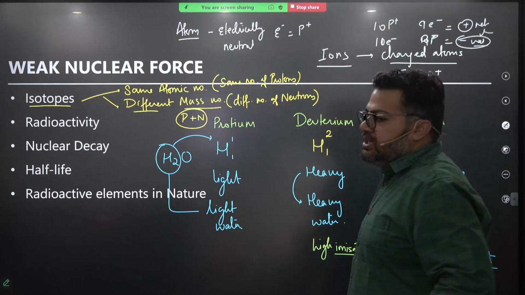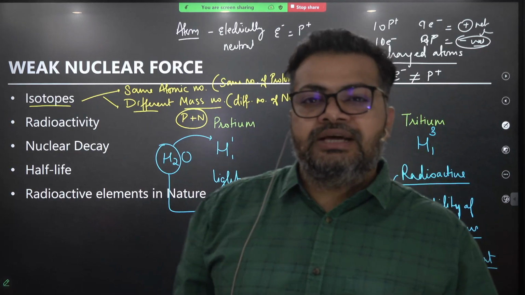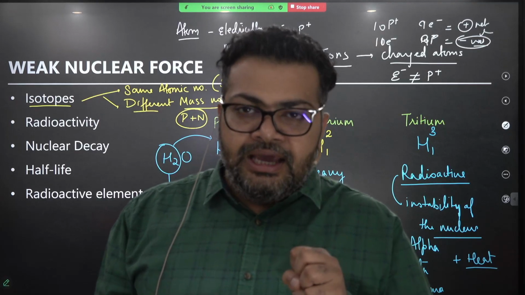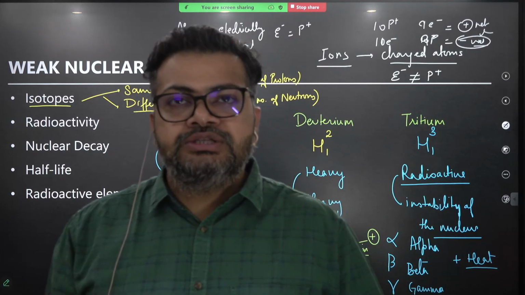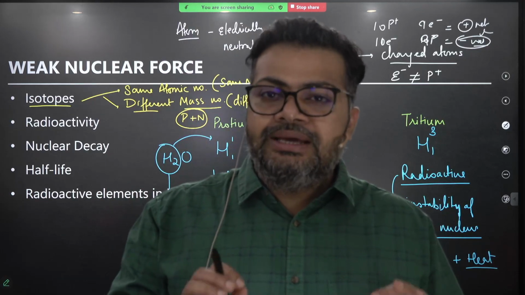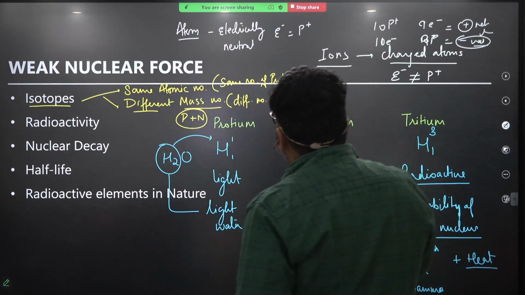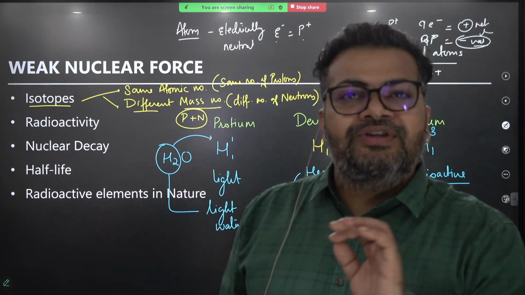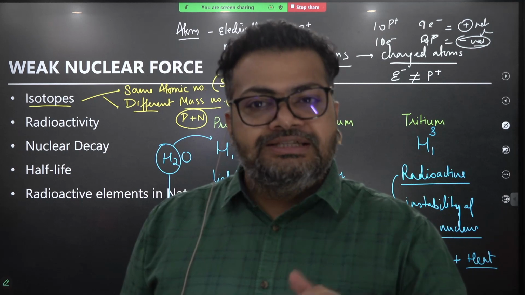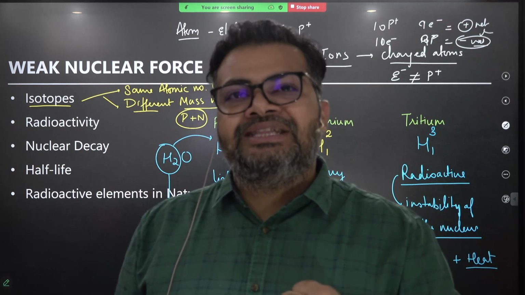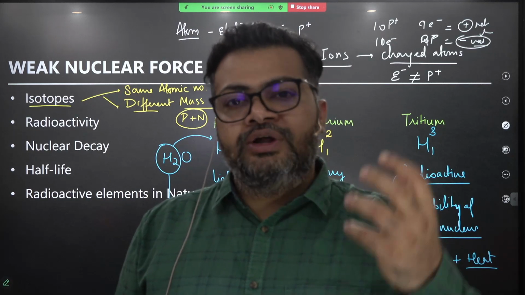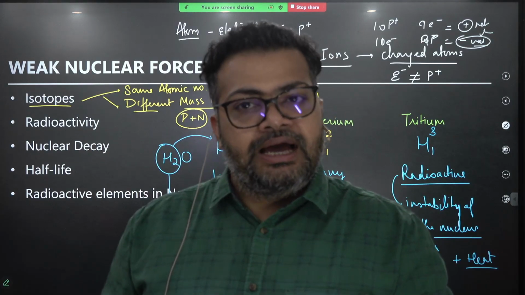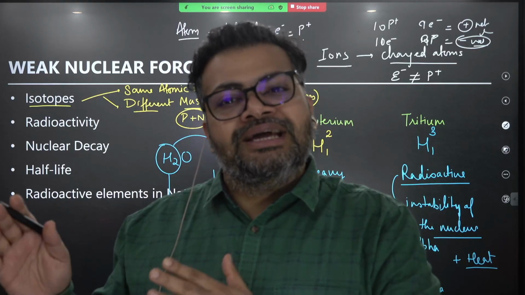What I'm saying is ions are called charged atoms. How do atoms get charged? It is mostly because of elimination or absorption of electrons. Normally every atom has the same number of electrons and protons. But if an electron from an external source gets absorbed into the atom, the number of electrons increases, the atom develops a charge, and it becomes a negatively charged ion.